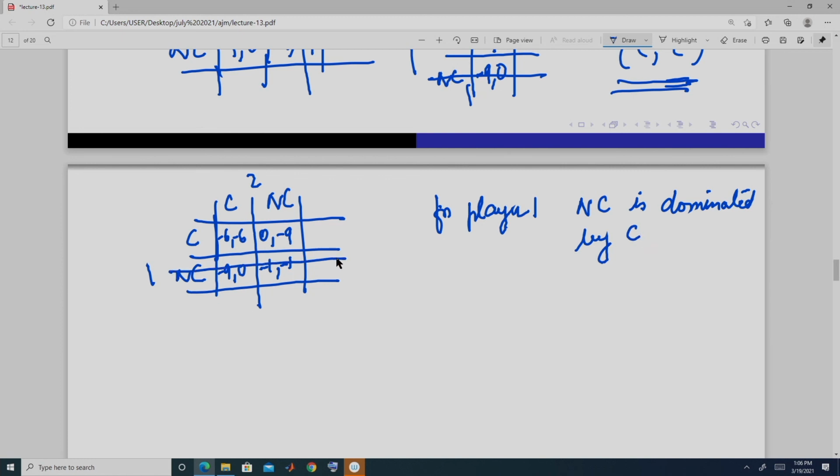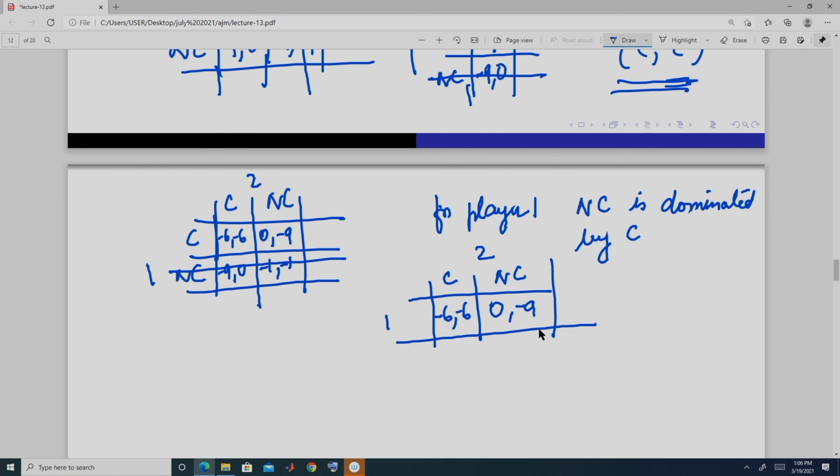So, we eliminate this. Next, the reduced form is this. Now, player 1 has only one action or strategy to choose, so it cannot eliminate further, but player 2 has two, C and NC.